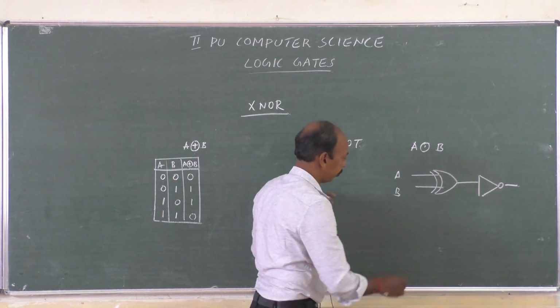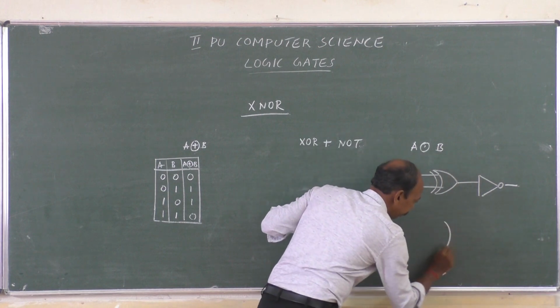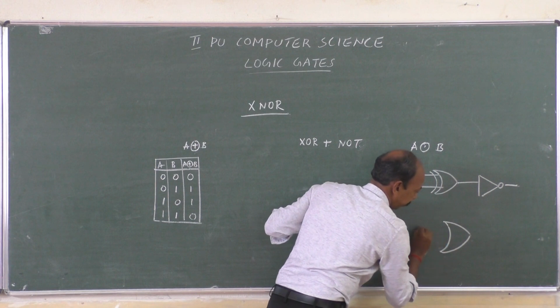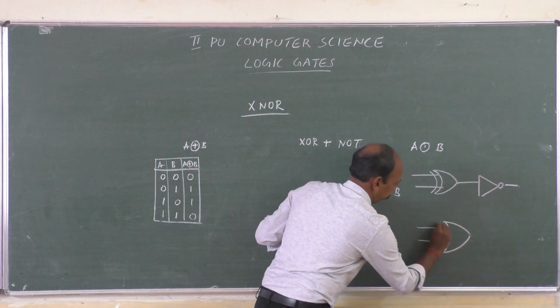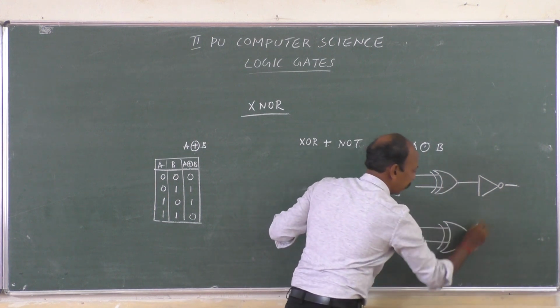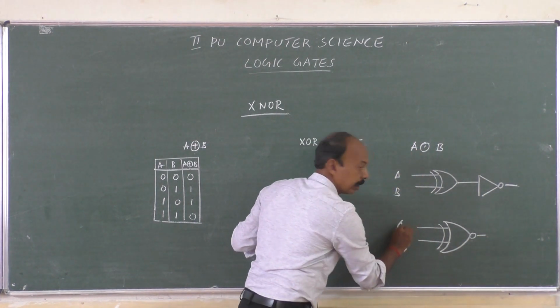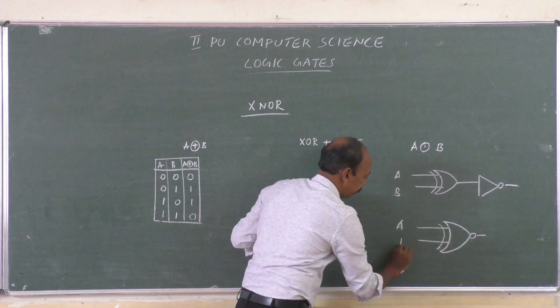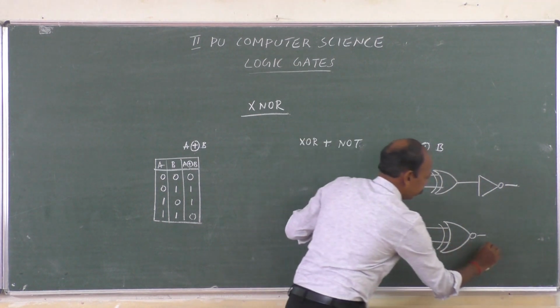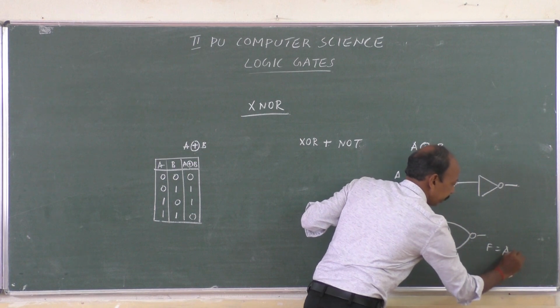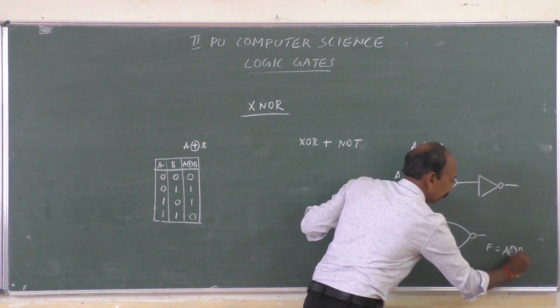So here also we will be doing the same. This is XOR, and this bubble we shall place here. This is A, this is B. F is equal to A XNOR B, that is A, write the dot inside the circle, B.